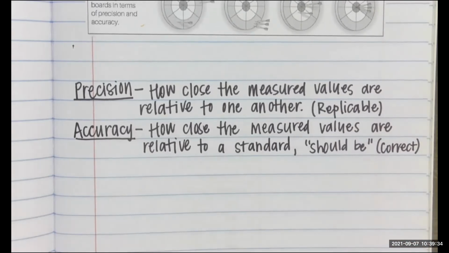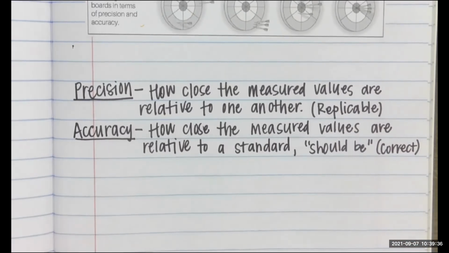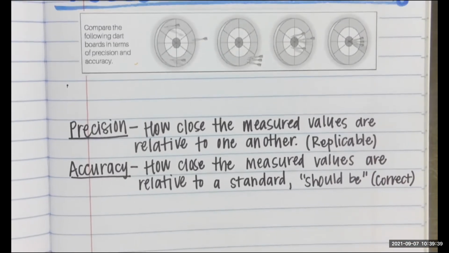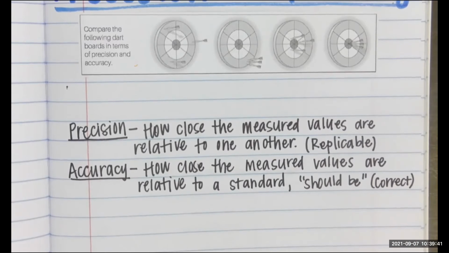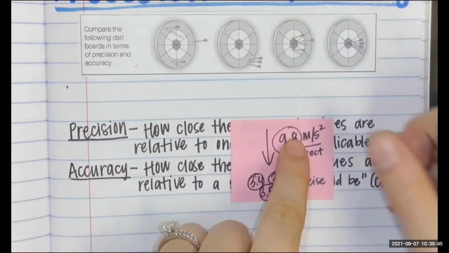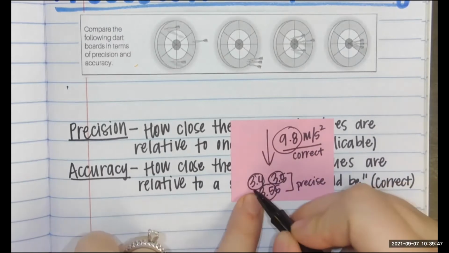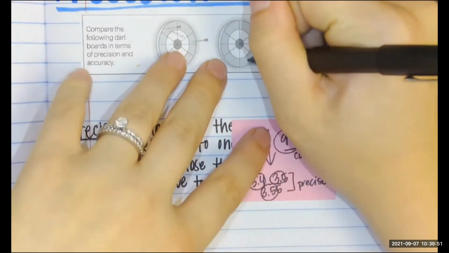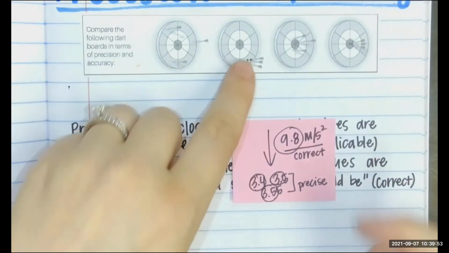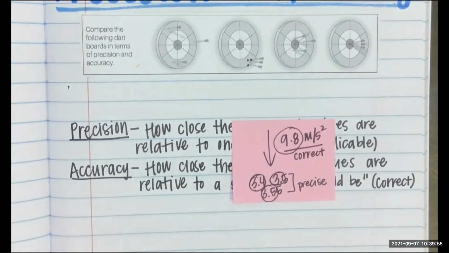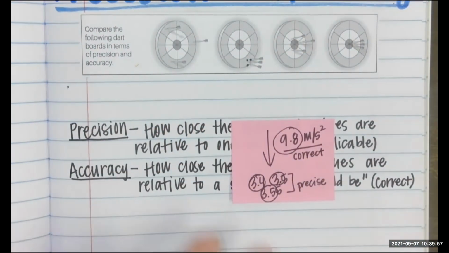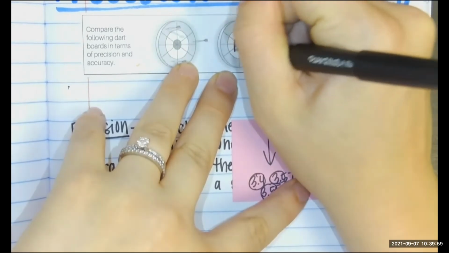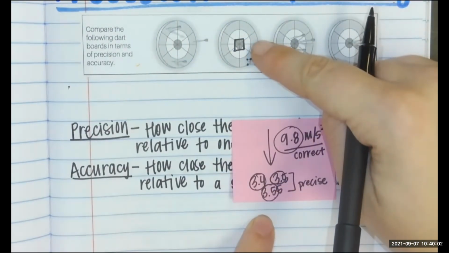So here are the bullseyes up top. In the example that I just gave, if gravity is 9.8 and I'm getting 3.4, 3.5, 3.55, my numbers are very close to each other. My darts, pew, pew, pew, are super close to each other, but they're nowhere near where they should be.